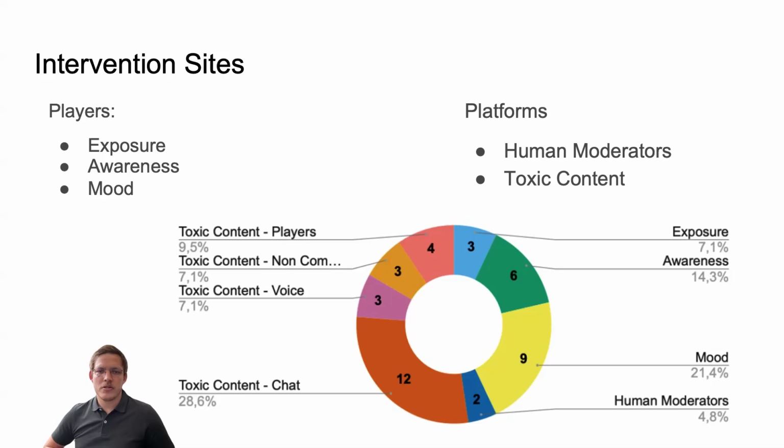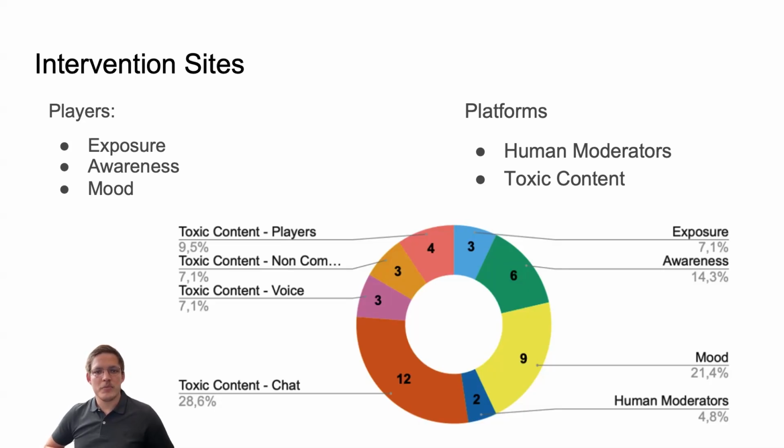For our second question, we identified the sites intervention systems act through. To briefly summarize this concept, you could view this as the angle the intervention system uses to reach its goal. We identified 2 such sites: systems that act through the player and systems that act through the platform. For players, we identified intervention systems that reduce exposure, intervention systems that create awareness amongst players, and intervention systems that repair the player's mood.